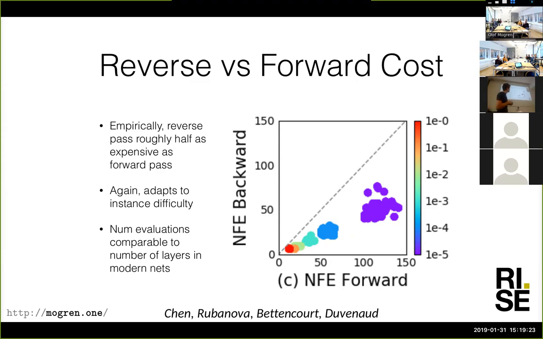That means that at purple here, we're giving it a tolerance of 10 to the minus 5. So it has a smaller tolerance, which means it evaluates the function with a higher precision, which means that it makes more calls to F. In essence, that means that we're having a deeper net. Right?